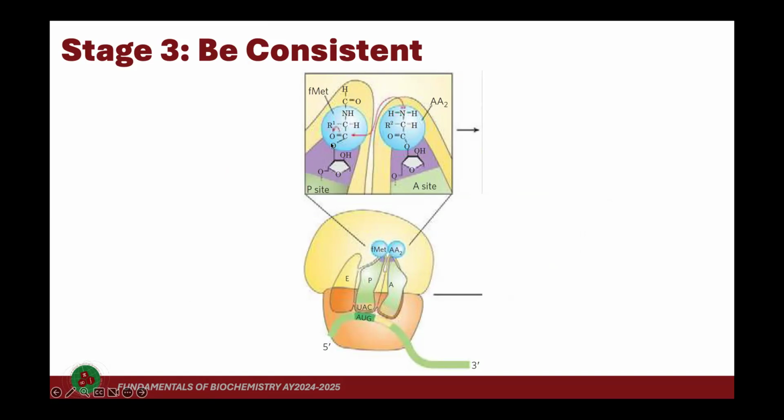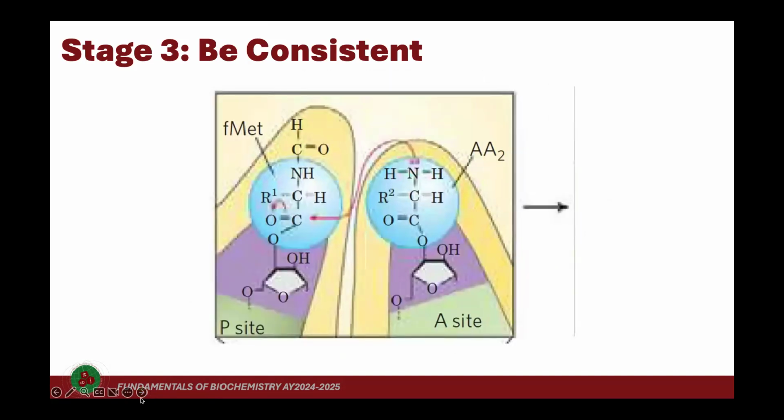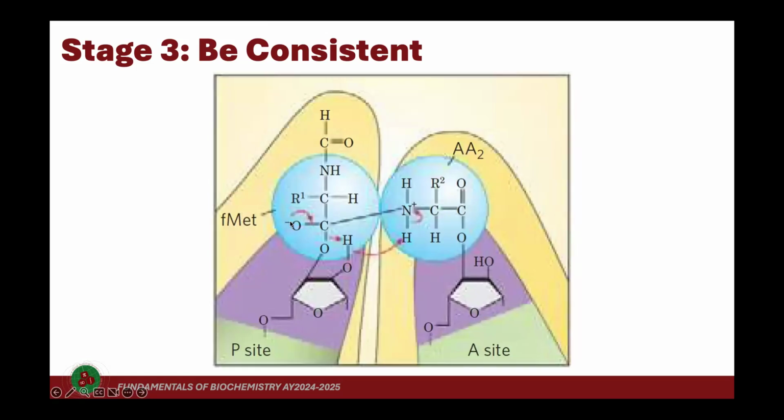Okay, so remember this is attached to the 3' carbon of the ribose. So it attacks this carbon. Then there's the electron rearrangement to the oxygen. Now this oxygen becomes negatively charged. But what happens is it will rearrange itself. So it will become pi electrons again.